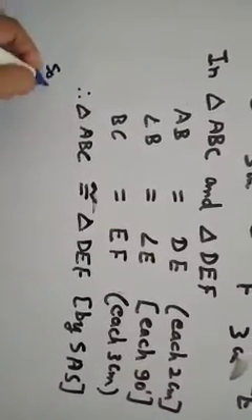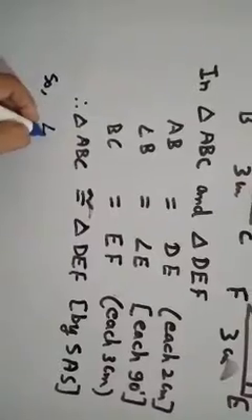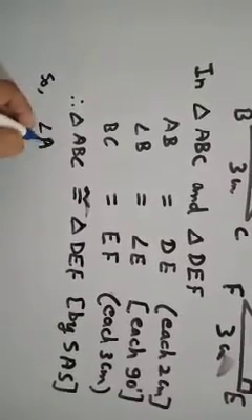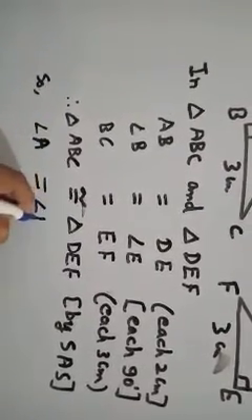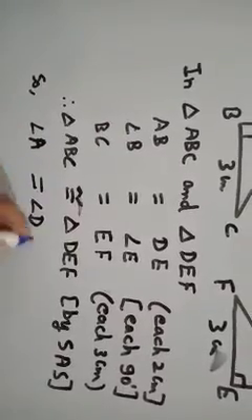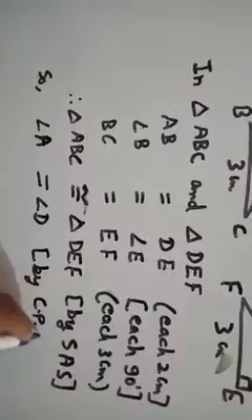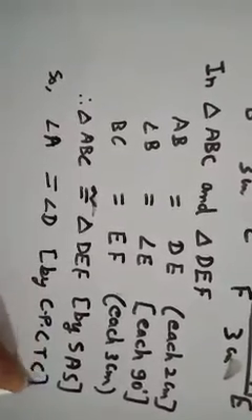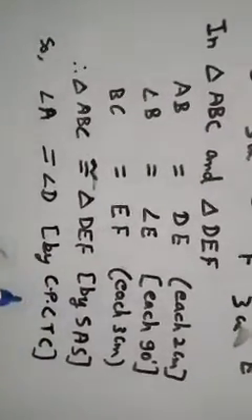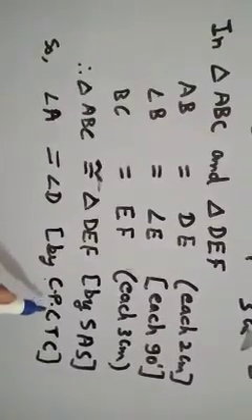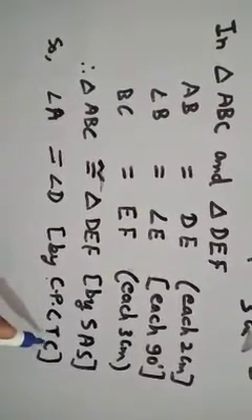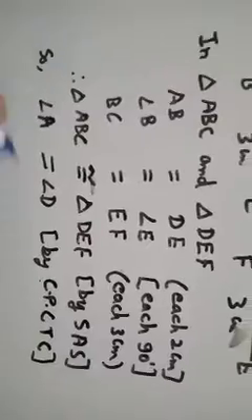So the remaining part, like angle A is equal to angle D, we get equal by CPCT. CPCT stands for corresponding parts of congruent triangles are congruent or equal.